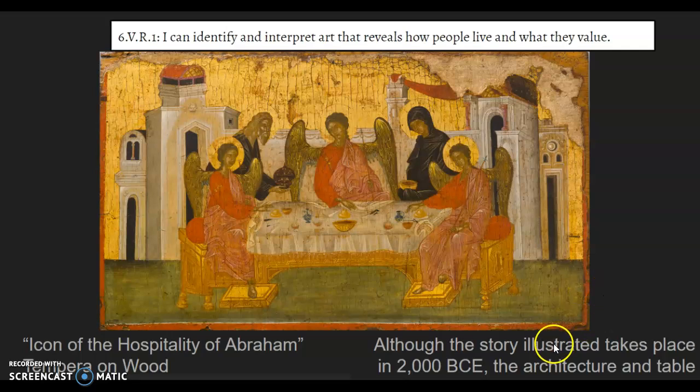So the story takes place 2000 BCE, but the architecture, these buildings behind the characters, and the table setting, the food that they're eating and the way the table is set up, this is very common of the year that it was made in medieval Europe. So it was just kind of their style.